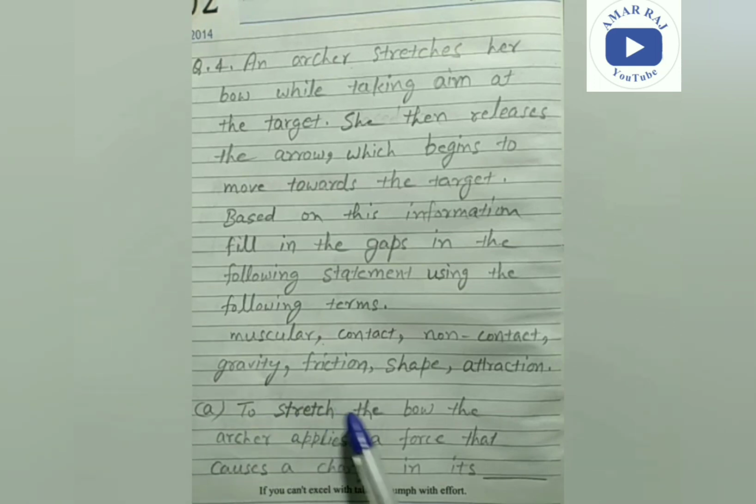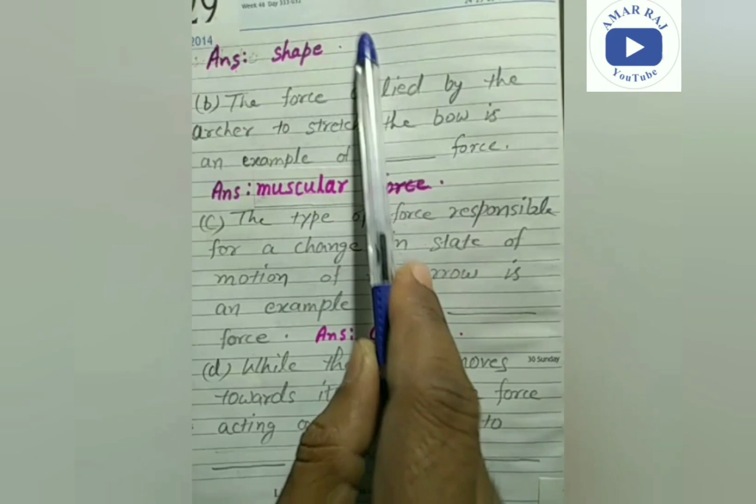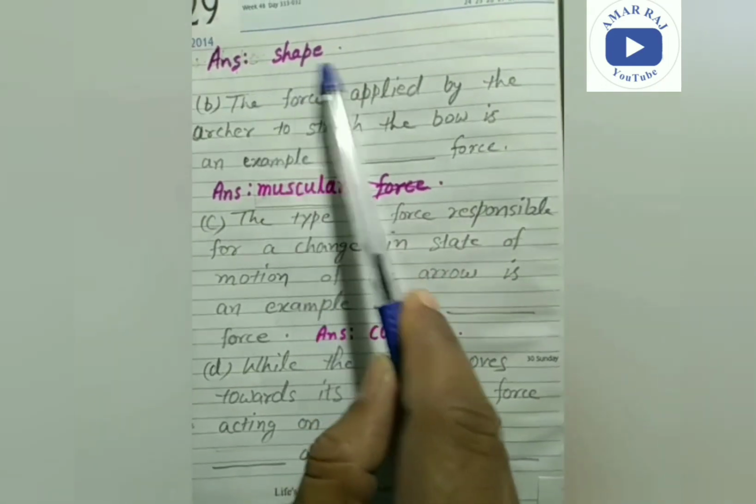First, to stretch the bow, the archer applies a force that causes a change in, obviously, the shape of the string of the bow. So the answer of the first part is change in shape, meaning shape should be written here.